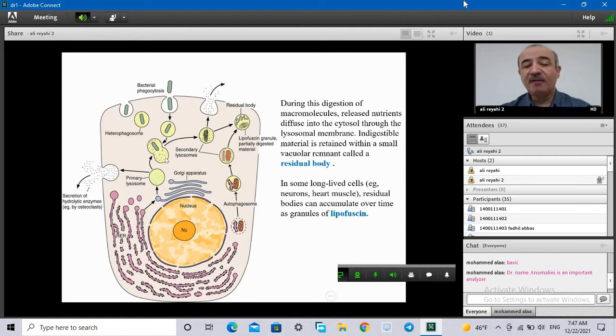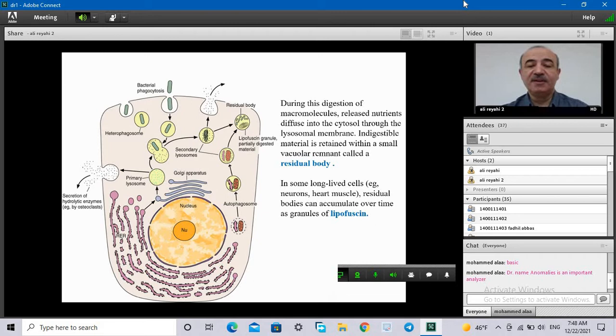The enzymes of the secondary lysosome become active and hydrolyze the bacteria, for example, and the macromolecules of this organism are hydrolyzed to subunits, for example amino acids, glucose, and other lipids, fatty acids. These molecules enter the cytoplasm, and the cell can use these subunits of macromolecules.